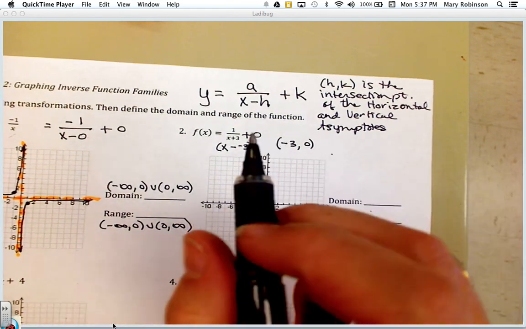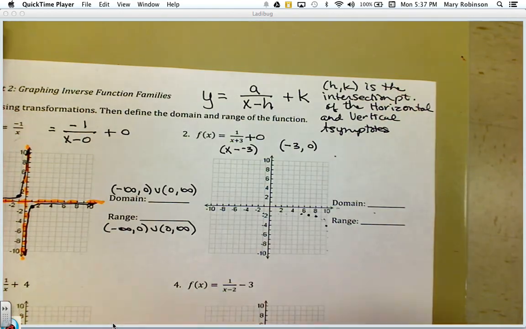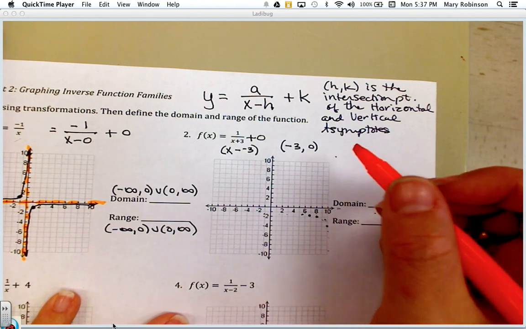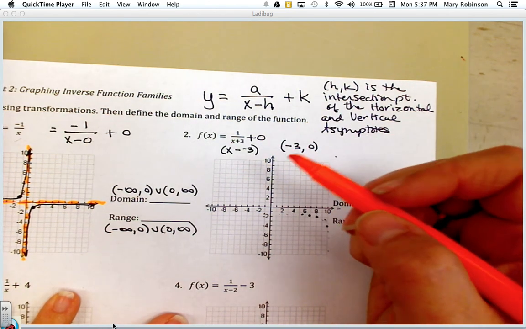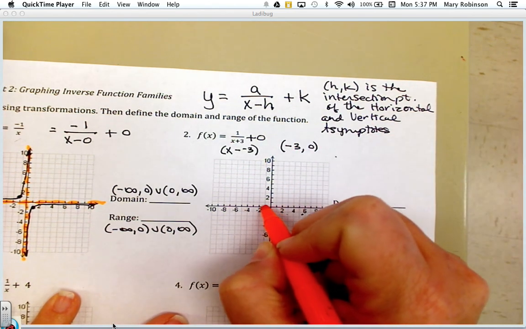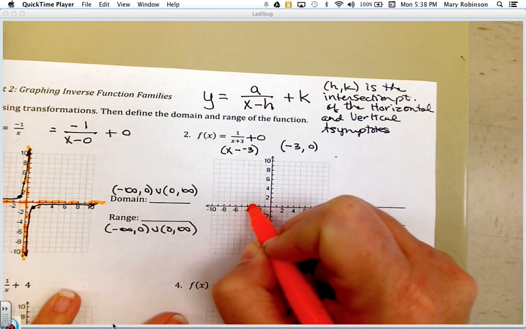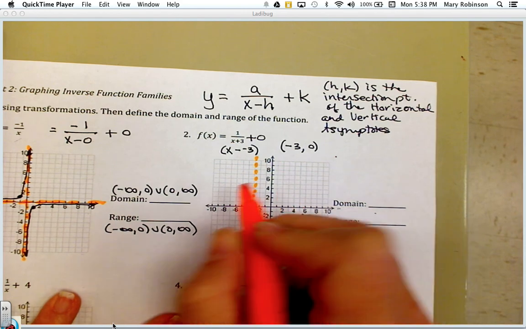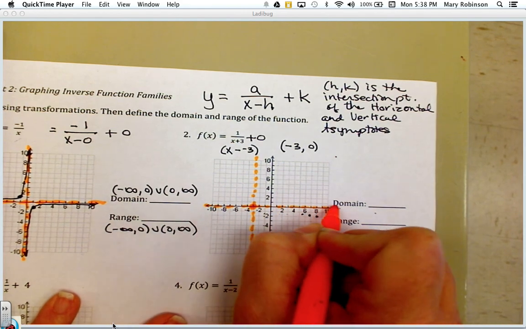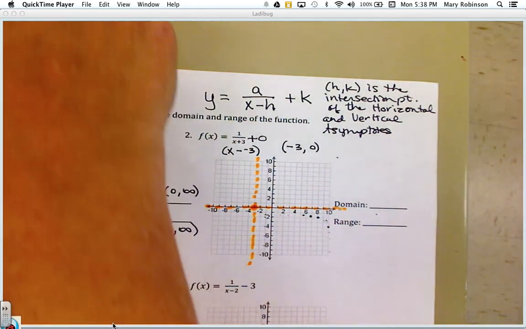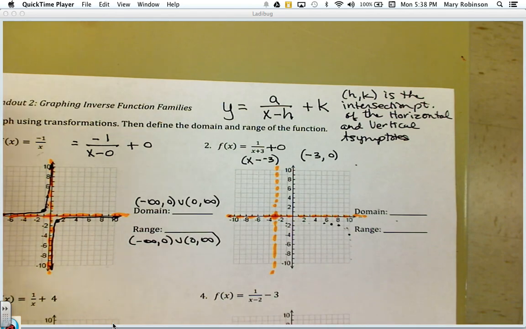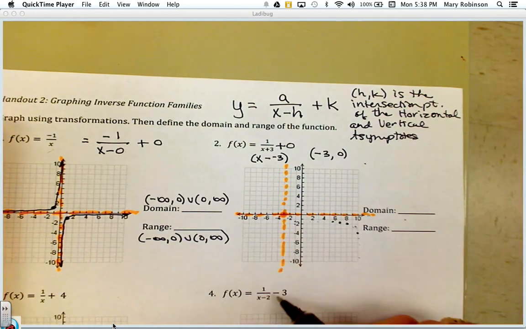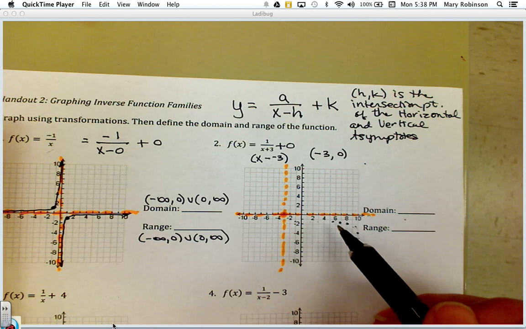So that means at -3, 0, I'm not going to use a pen, which I'm using to graph my function. I'm going to use my highlighter. So I'm going to go to my x value of -3, 0, and use it as a guide to put in my horizontal and vertical asymptotes. So -3, 0, easy enough, graph your asymptotes.